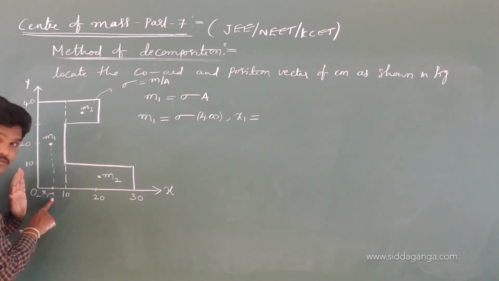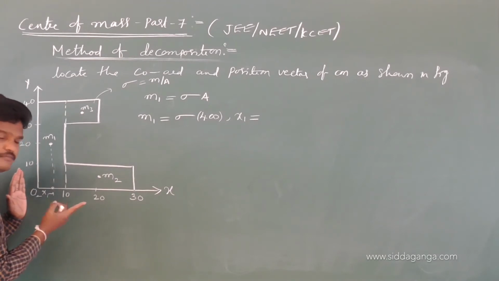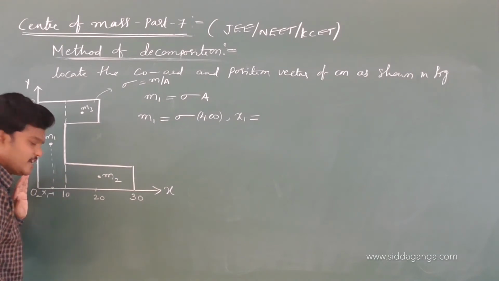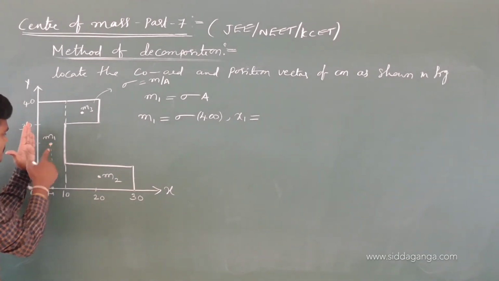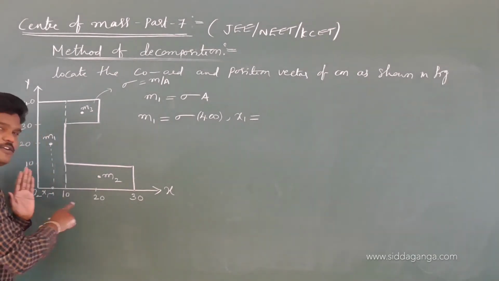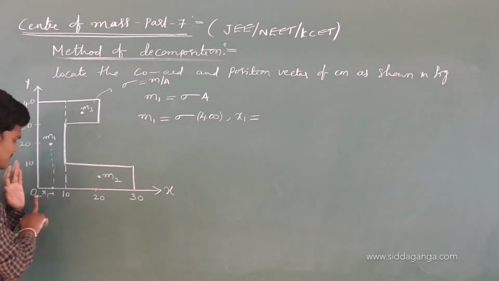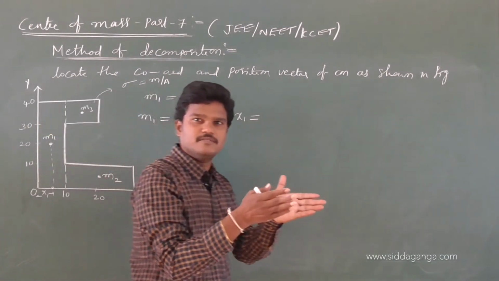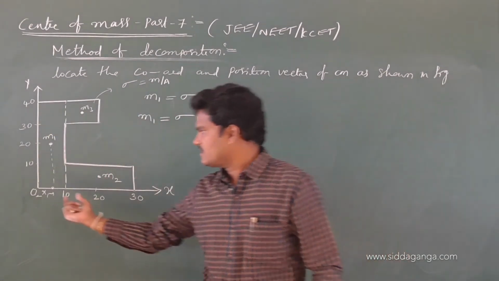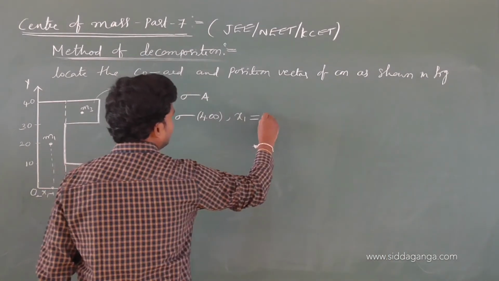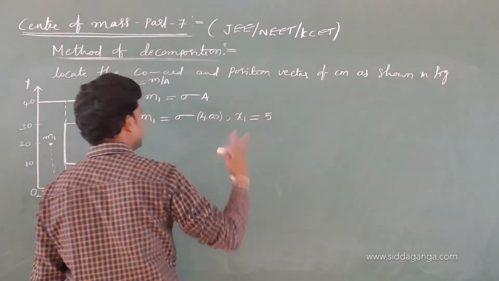The middle value is x1. What is the middle value? 5. 0, 10, the middle is 5. So x1 is 5. Otherwise, starting value plus ending value by 2: 0 plus 10 by 2, the middle value is 5. Is x1 clear? x1 is 5.